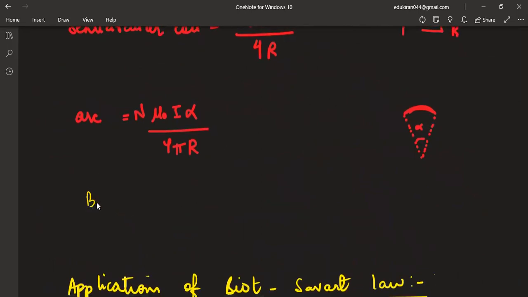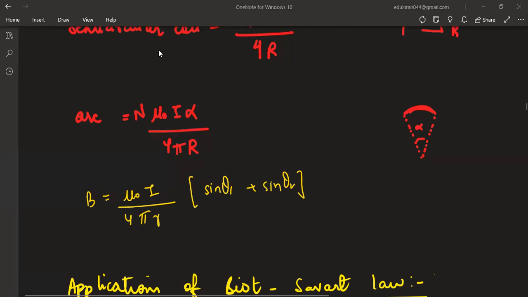If it's a finite wire, this will be mu naught I by 4 pi R, multiplied by sine theta 1 plus sine theta 2.